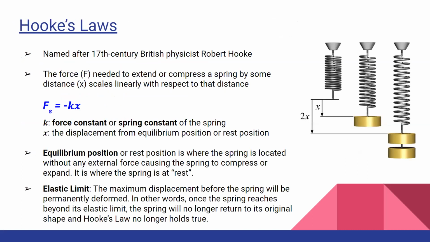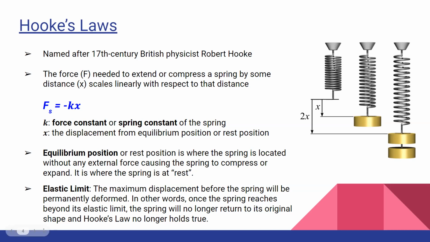One of the most important laws regarding ideal springs is Hooke's law. Hooke's law applies to every ideal spring. It does not apply to springs that are not ideal. But what it says is that the force needed to extend or compress a spring by some distance x scales linearly with respect to that distance, aka the force needed is F = kx, where k is some spring constant.